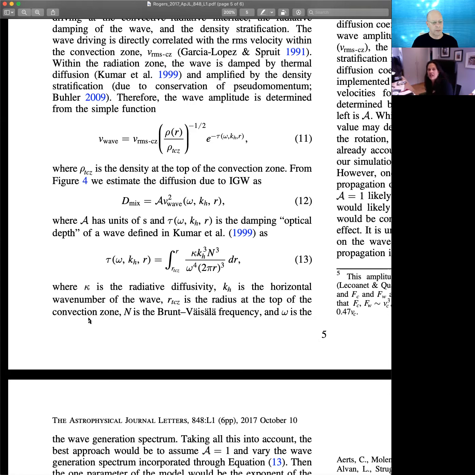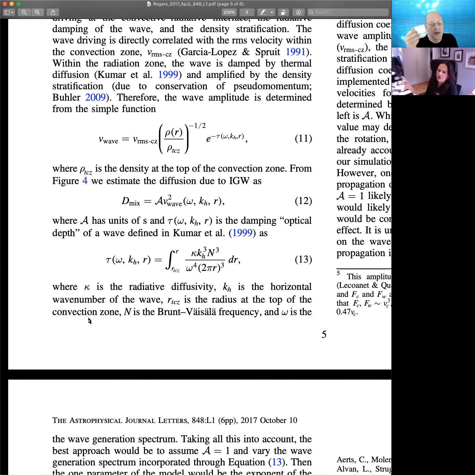So we said that the mixing coefficient is some hand-wavy coefficient, you call it A, times the wave amplitude squared, because we can see in the figure above that it kind of goes like the wave amplitude squared. And that tau has to do with the different waves being dissipated different ways.